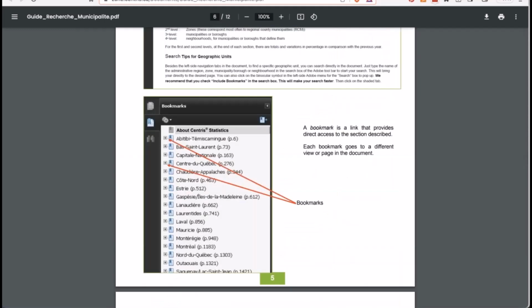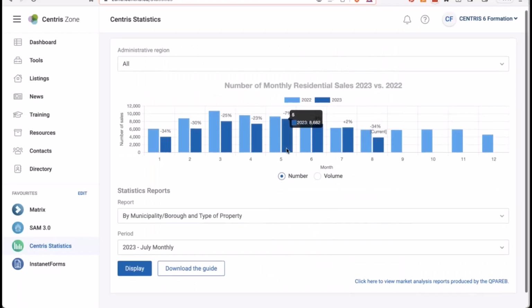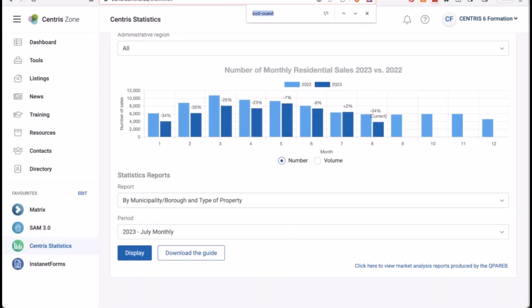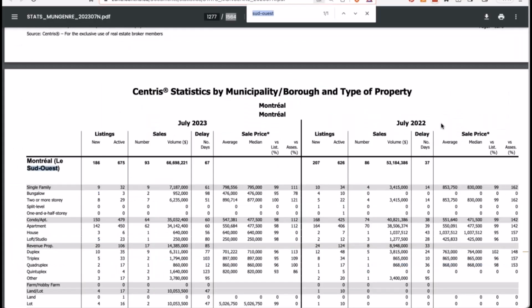I don't think it would be possible. I've never seen it done, but what you can do is use the statistics tool in Matrix, which we'll be going to in not too long, and that's an easier way to read and compile the data.